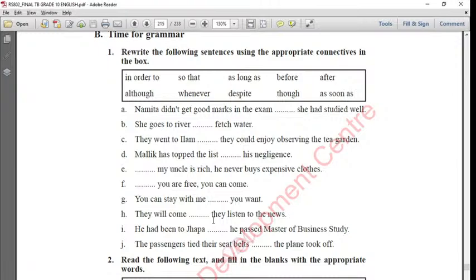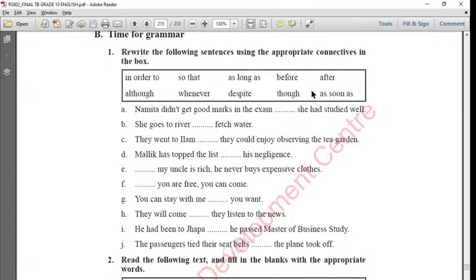Malik has topped the list because of his intelligence. Because of is not suitable here. It is not because of. Here it is not intelligence, it is negligence.